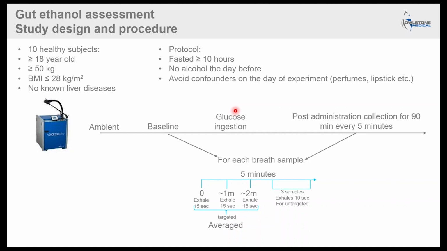Then they ingested 75 grams of glucose, and we performed the post-administration breath collection for 90 minutes, every 5 minutes. Each breath sample was represented by 3 exhales of around 15 seconds each, which were averaged, and they were consecutive exhales, more or less 1 minute apart from one another.